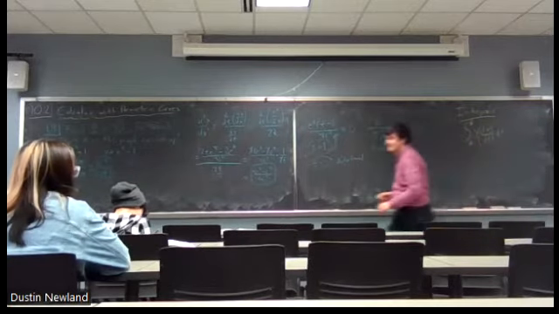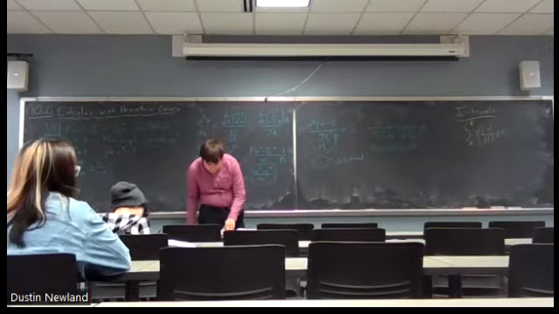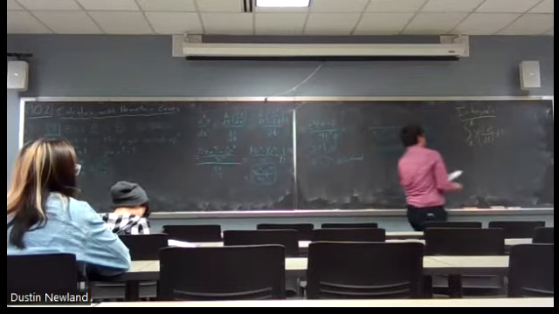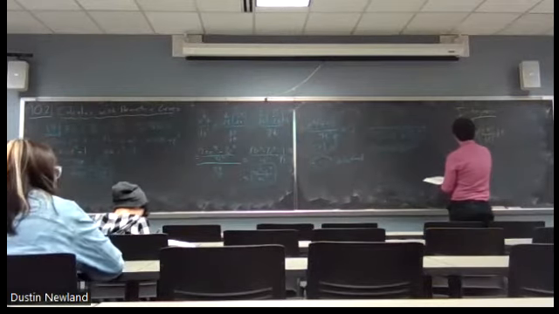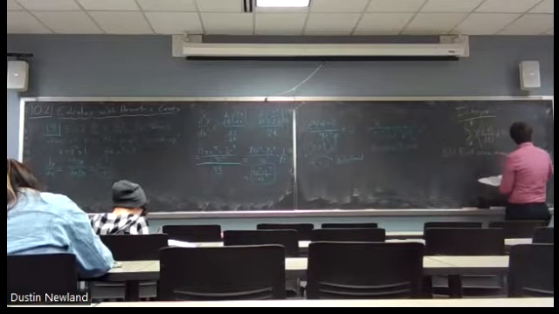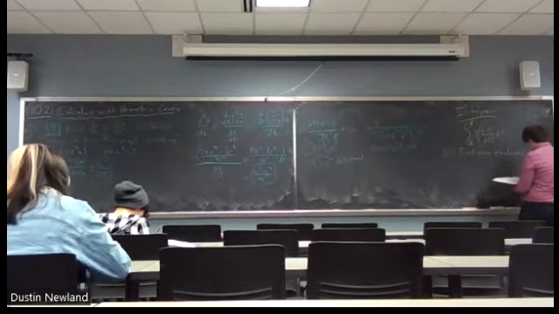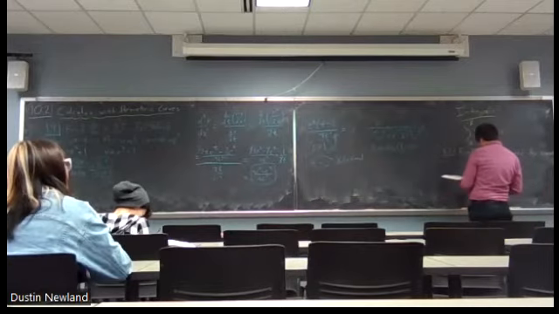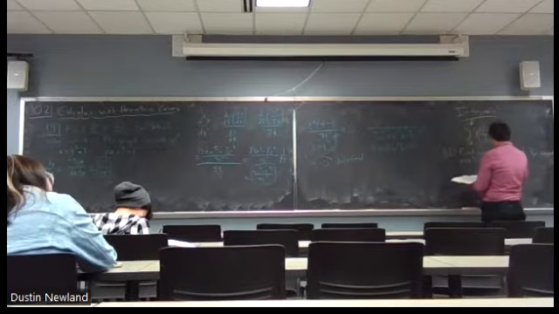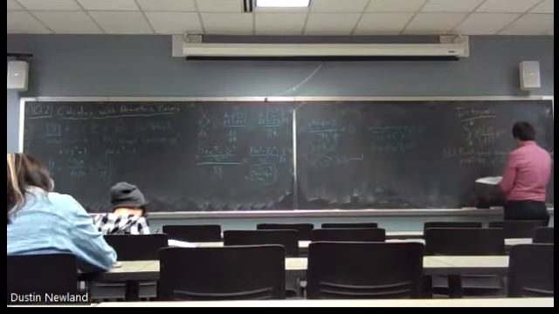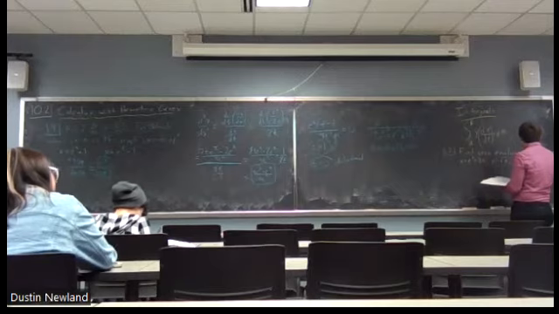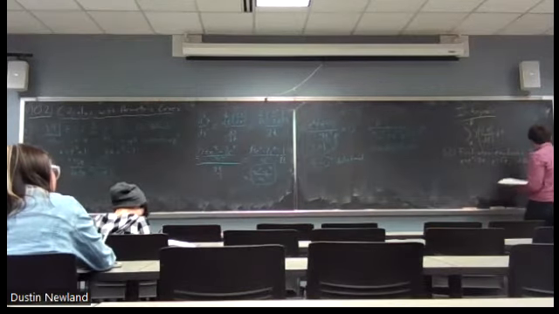Okay, so let's do an example. 32. Find the area enclosed by the curve x equals t squared minus 2t, y equals square root of t, and the x axis.